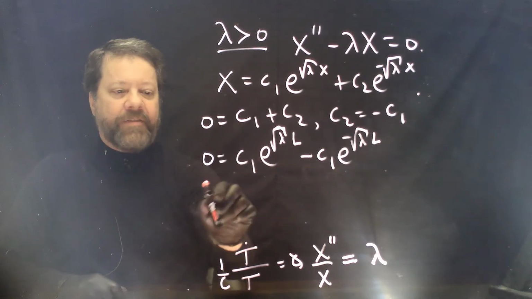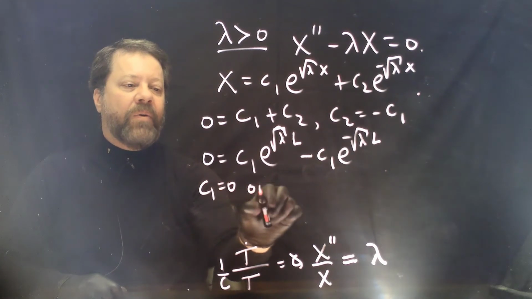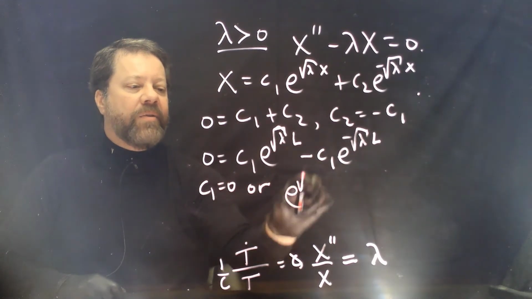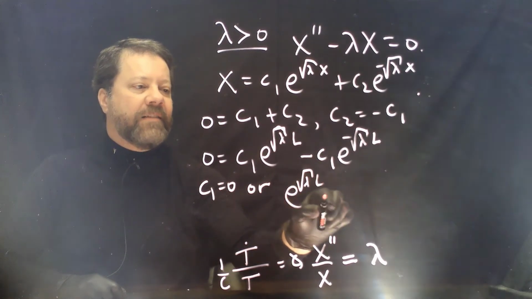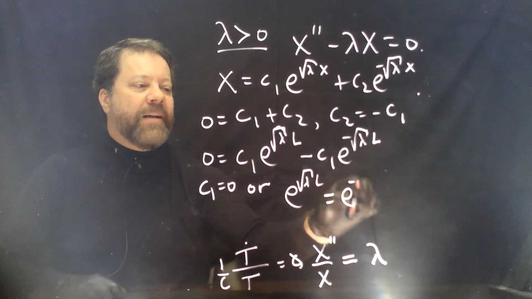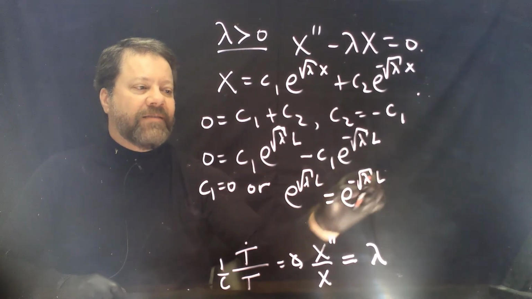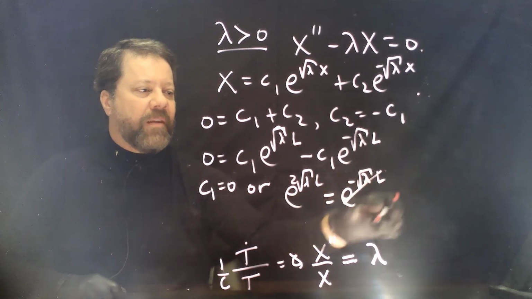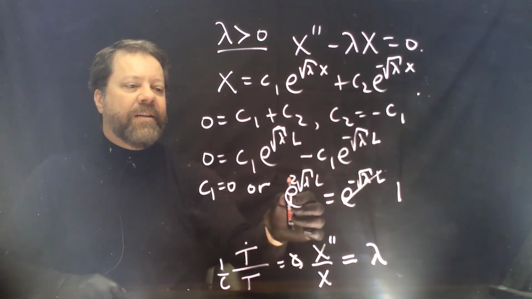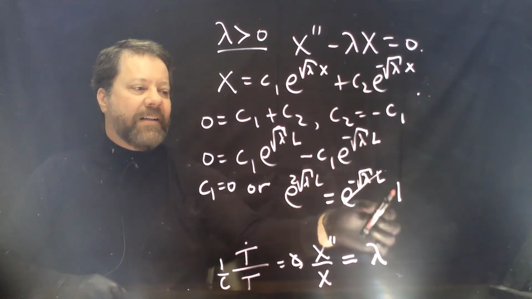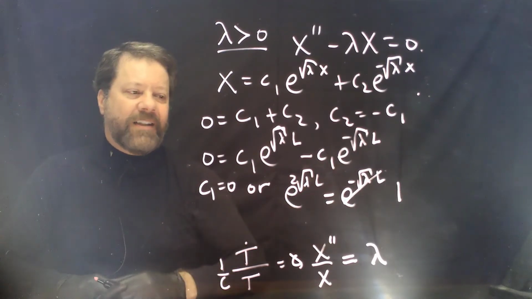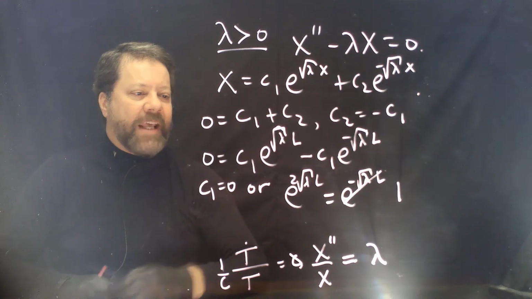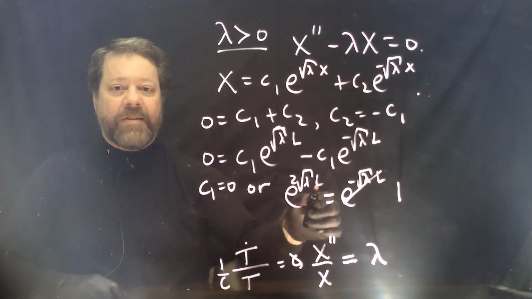We either have c1 is 0 or e to the root lambda L equals e to the minus root lambda L. If we divide this off, we'll get e to the 2 root lambda L equals 1. And that only happens if L is 0.